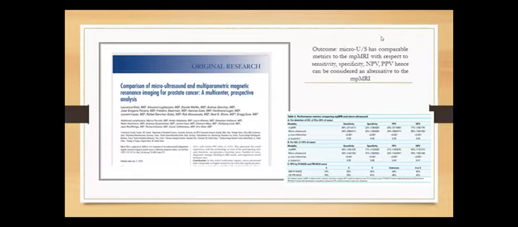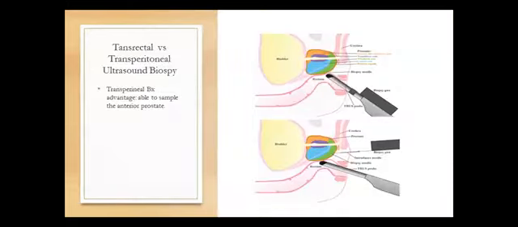It suggested that with respect to factors such as sensitivity, specificity, negative predictive value, positive predictive value, it can be considered an alternative to the multiparametric MRI. So if you don't have a multiparametric MRI, it's a good alternative to think about. Even budget-wise, it's somewhat cheaper than an MRI.